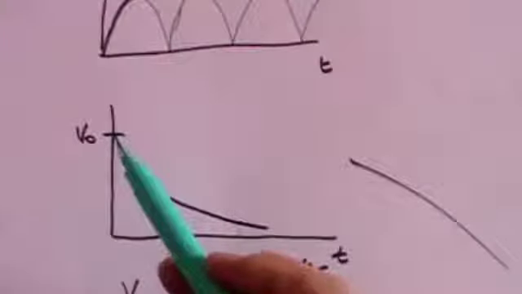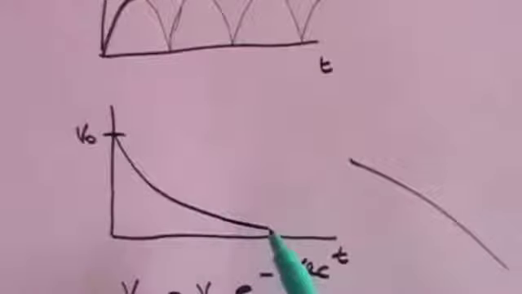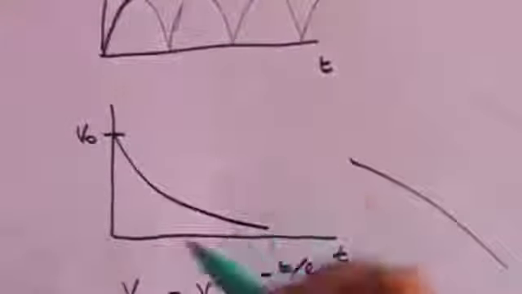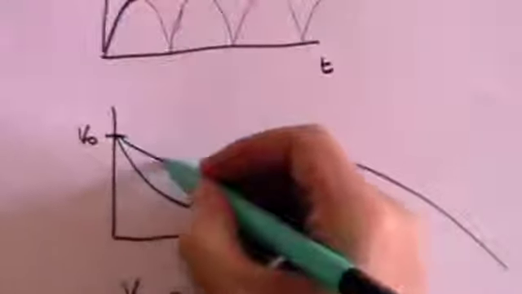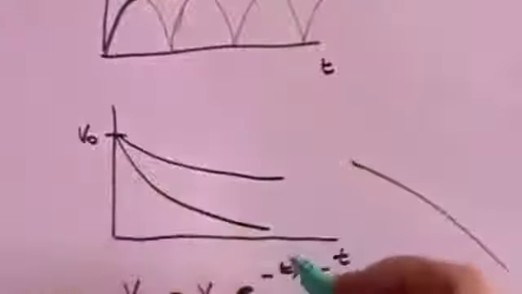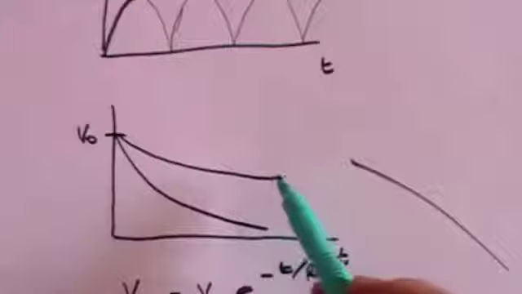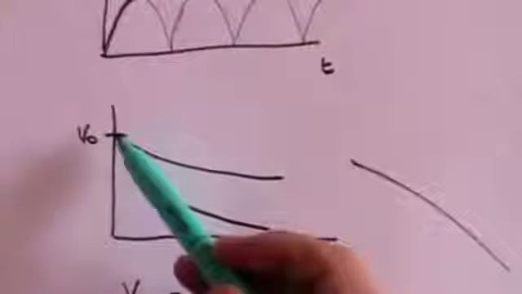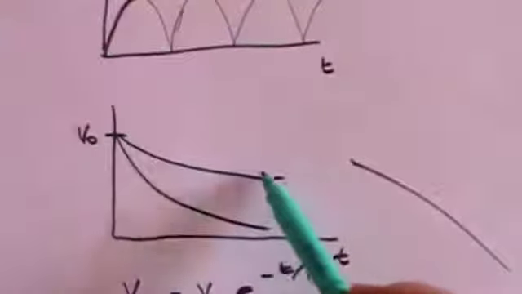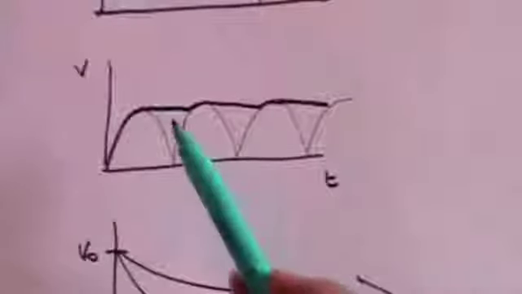So this decline in voltage would be for a small capacitor. If you have a large capacitor, then the fall off will be very much less. In other words, you keep the voltage higher for longer. And that's what you need to do here.